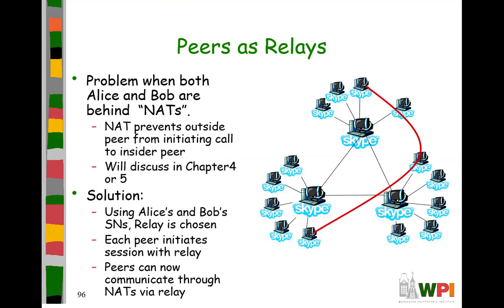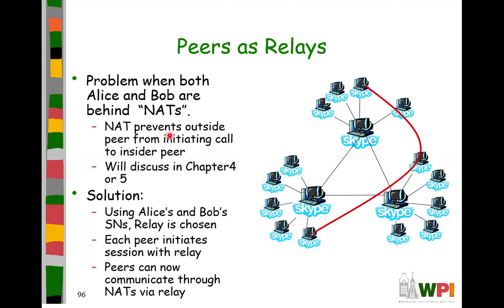The peer-to-peer architecture we will discuss in chapters 4 and 5. P2P doesn't work behind NAT. We will discuss what NAT is in chapter 4 or 5, and how it makes it difficult, even impossible, to use a P2P system.